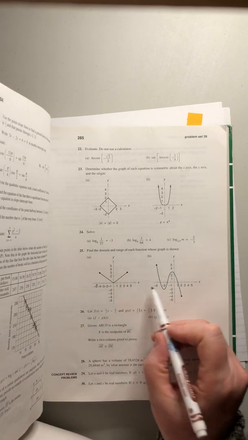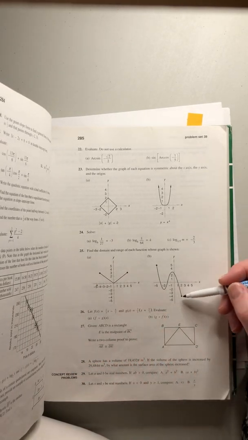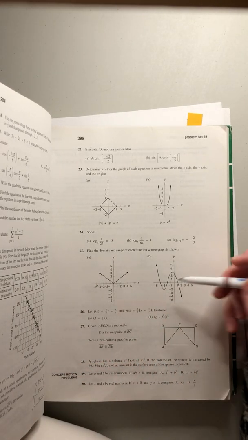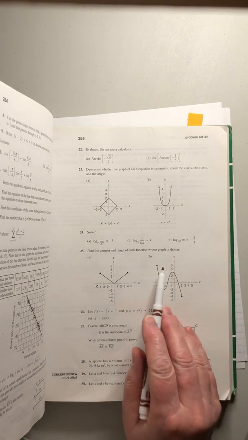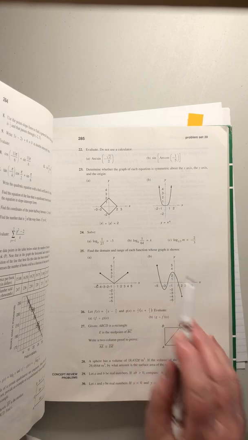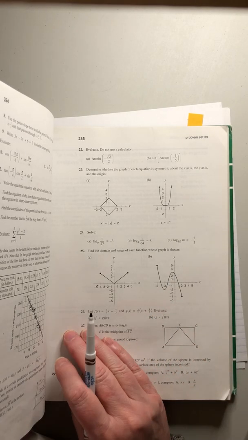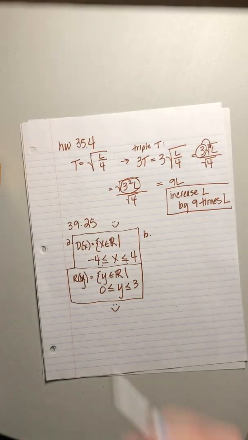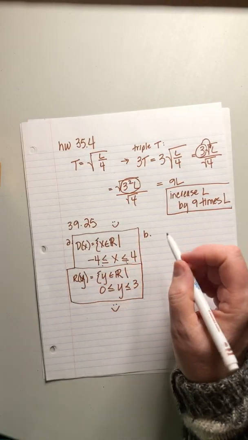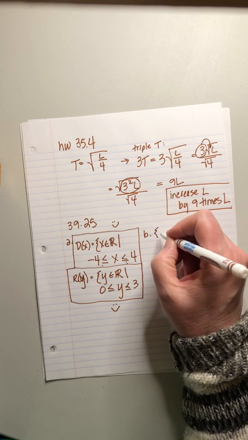For x, we look for the highest x value. That's at 2. The lowest one is -5. And then we switch and we look at the y's. That goes from 5 to -4. So we write it out using the super nifty notation.